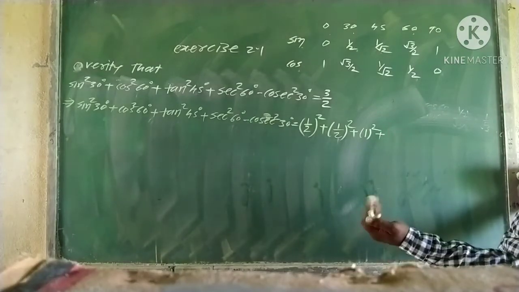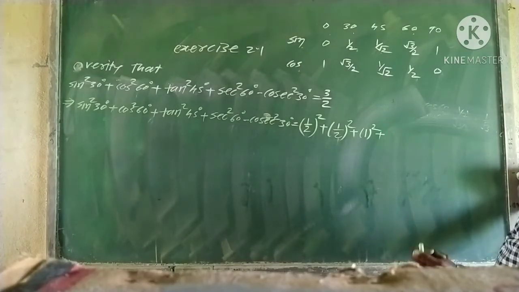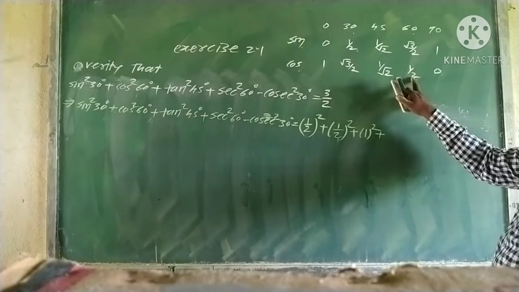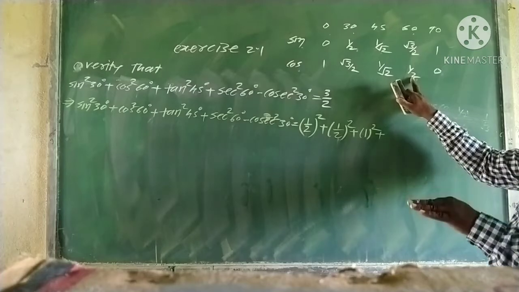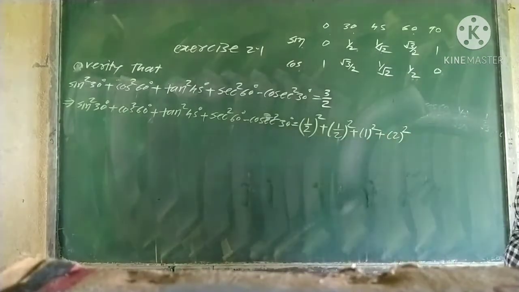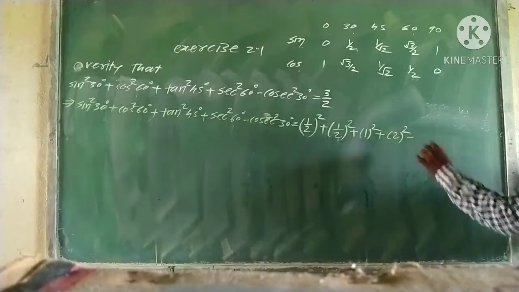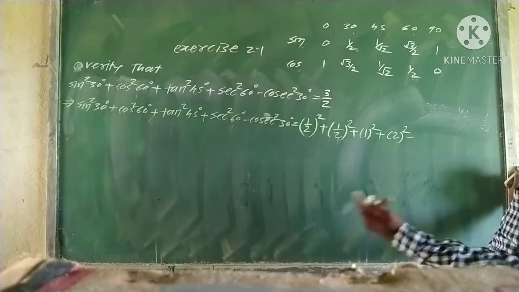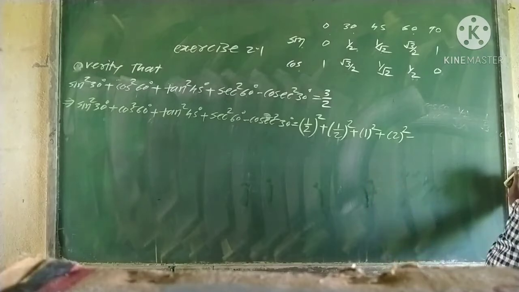Now here we know that sec of 60 is equal to 1 upon cos of 60. Now here cos of 60 is equal to 1 upon 2, and the 2 is in the denominator of the denominator, meaning it comes to the numerator, so that is 2 square, minus cosec of 30, which is equal to 1 upon sin of 30.